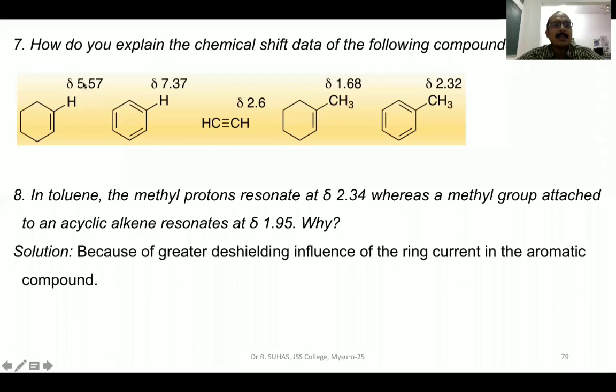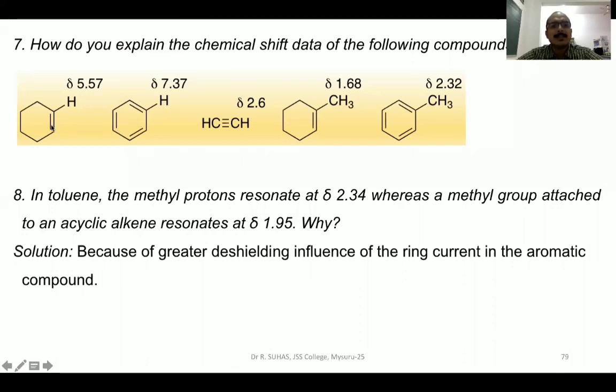There will be an anisotropic effect on this proton. It is coming in the paramagnetic shielding ring or the cone. And then this proton is showing a delta of 7.37, whereas this proton is showing 5.57, and we have to check why. This proton is directly attached to the benzene ring.